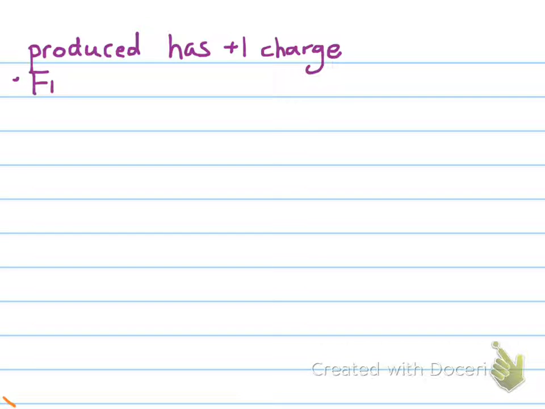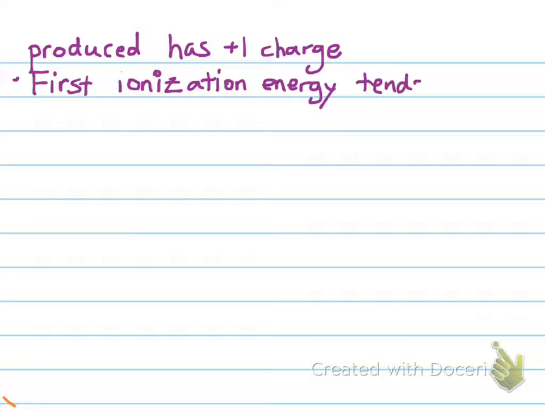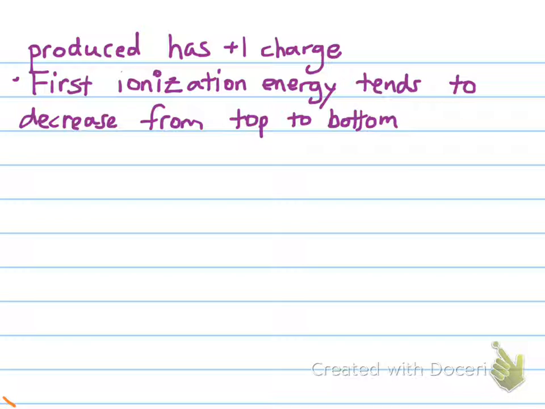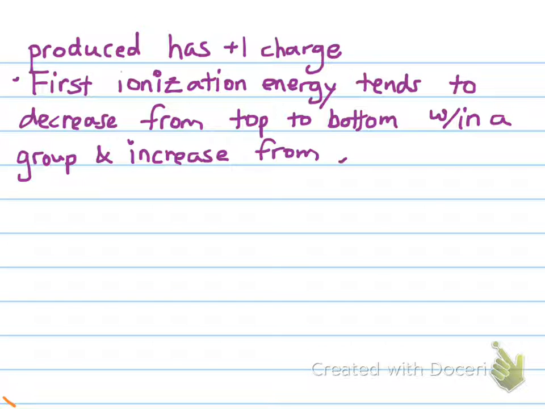The first ionization energy tends to decrease from top to bottom within a group and increase from left to right across a period.